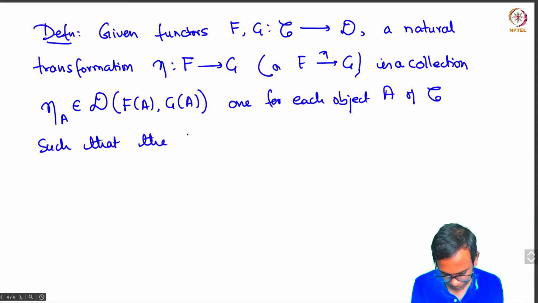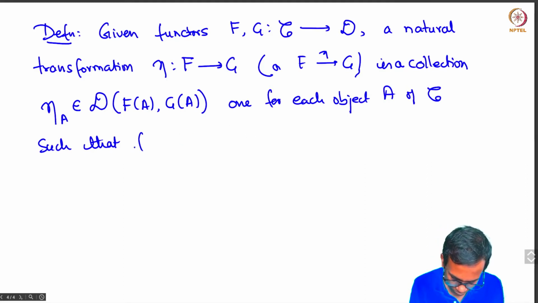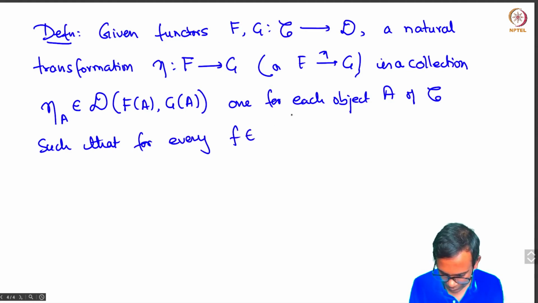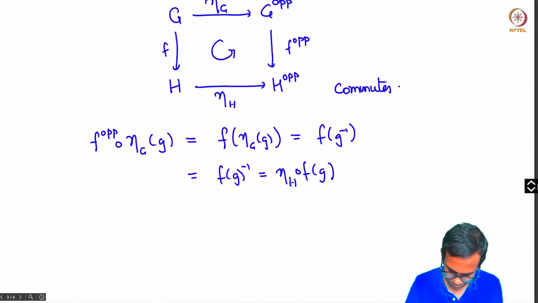the diagram, maybe I should say such that for every arrow f in the category C between objects A and B, the diagram, so we draw the analog of this, a more general version of this diagram.